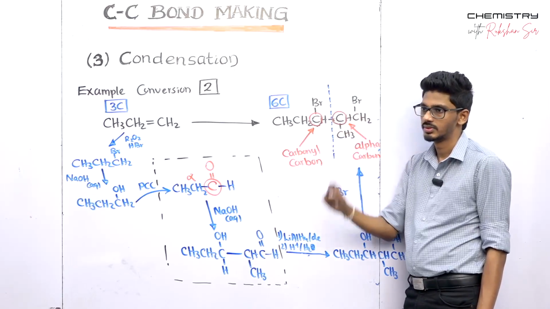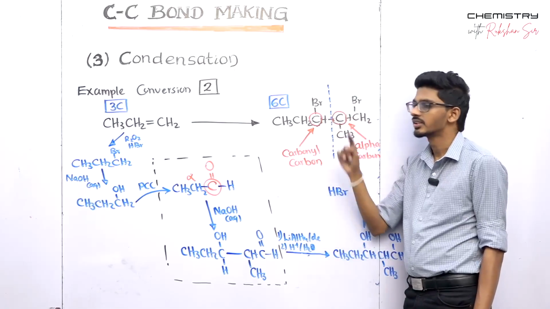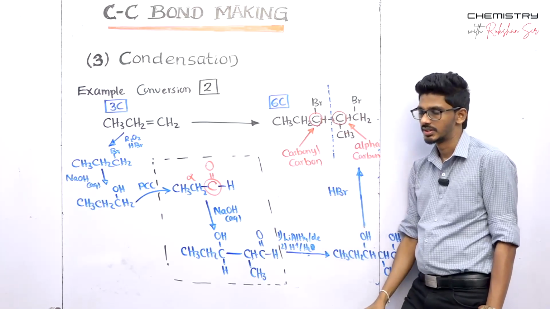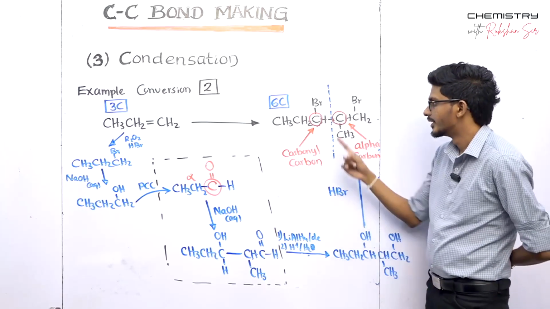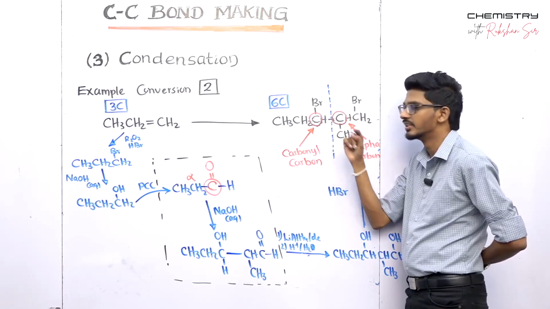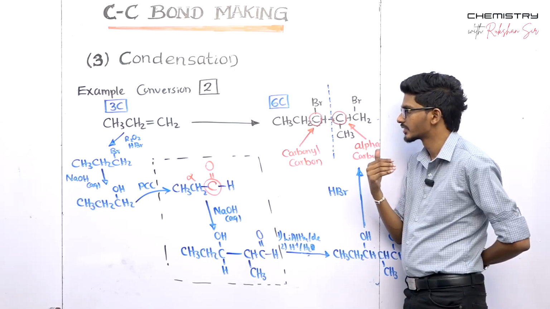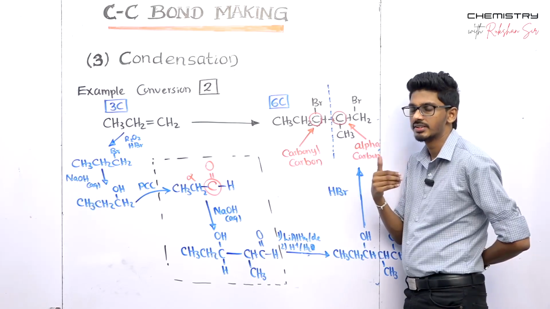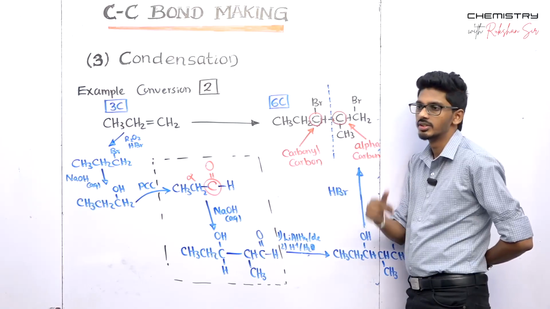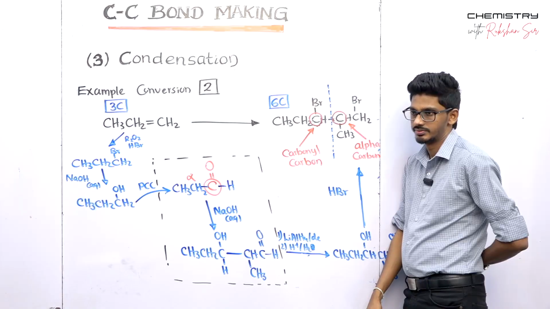Ultimately, those are not the adjacent carbons. Some carbons a bit away from each other. In your product, you have two functional carbons which are not adjacent but a bit away from each other. So if you are supposed to make such a compound by a synthesis process, most probably that should go through aldol or ketol condensation.